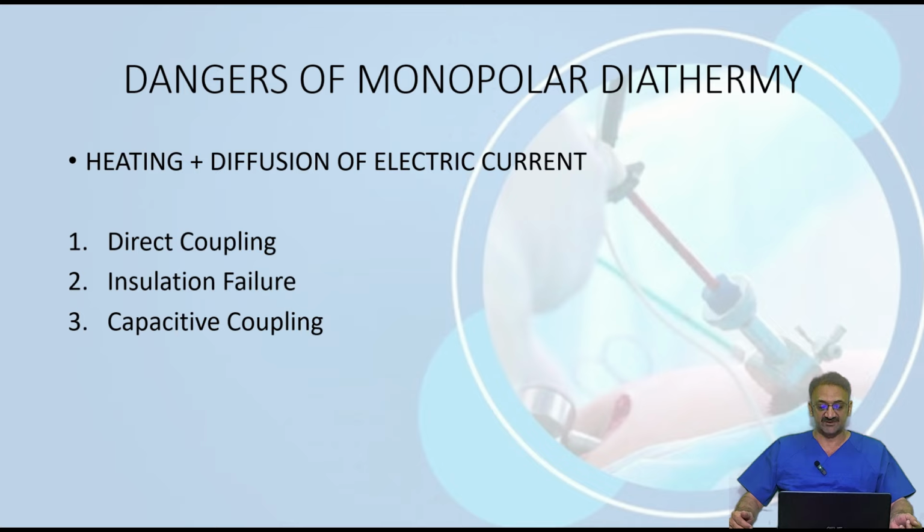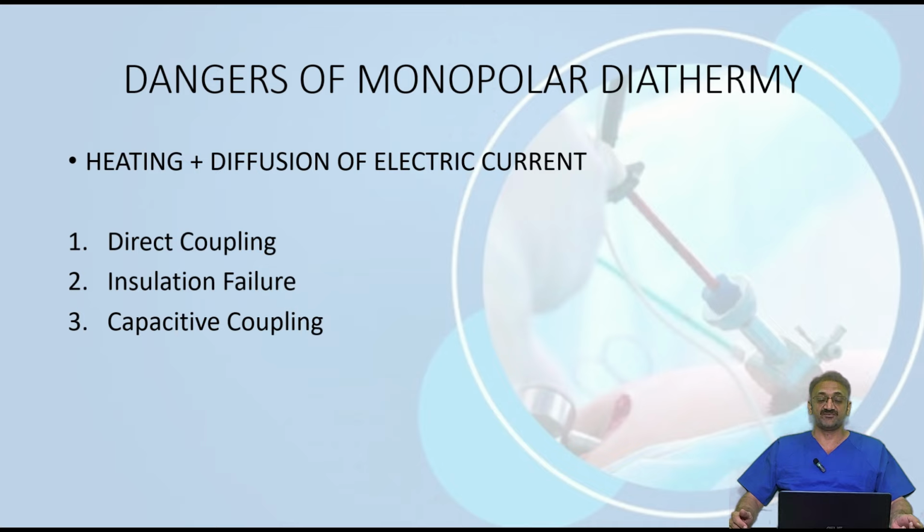For example, if you are mobilizing the duodenum while performing a right-sided nephrectomy, you have to be really careful, and the diathermy has to be really away from the wall of the duodenum. Otherwise, it is going to get a thermal injury, which is going to be evident 48 to 72 hours after the surgery and is going to be a disaster.